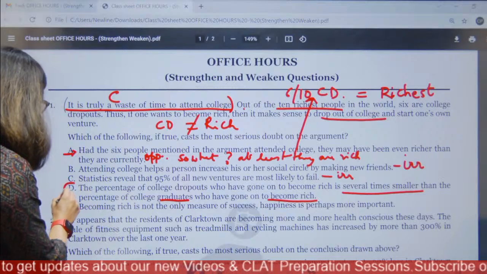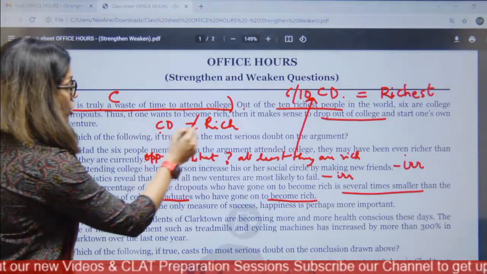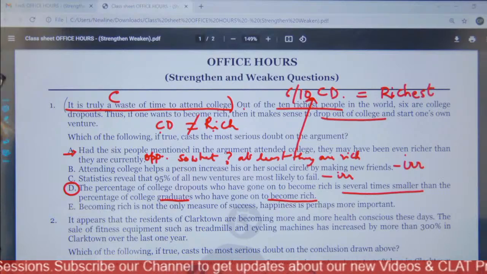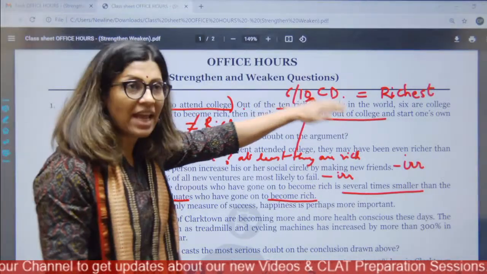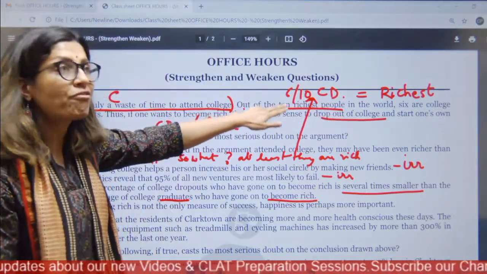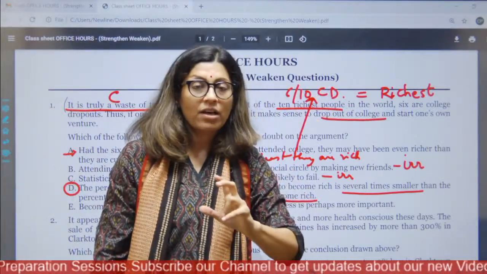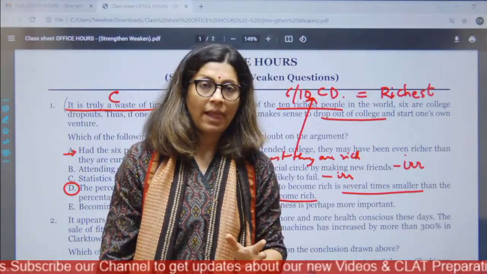Now, let's spend time on this. This is damaging the relationship between college dropout and being rich. Yes, the author says that 6 of 10 richest people are dropouts, but that is simply a coincidence.